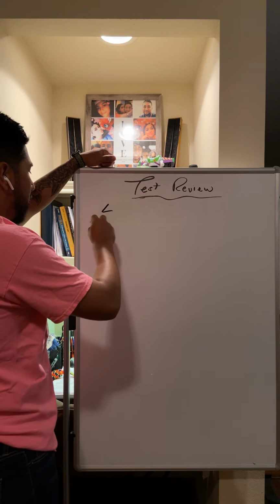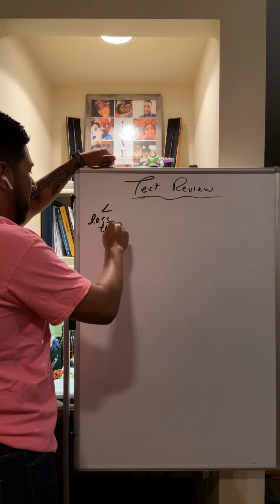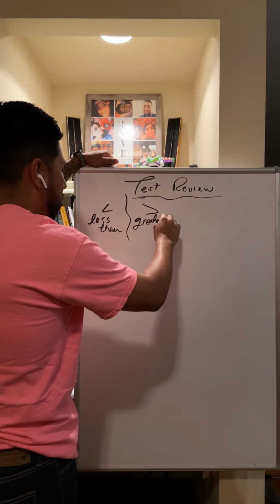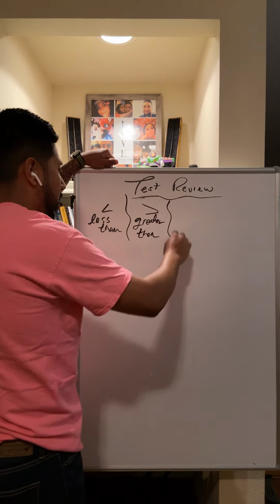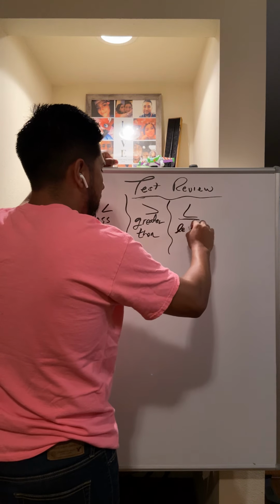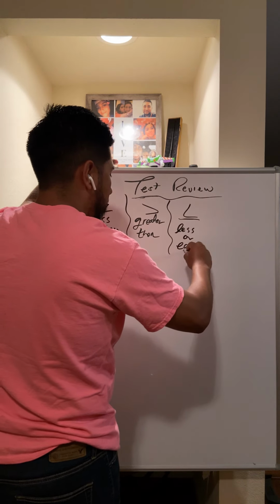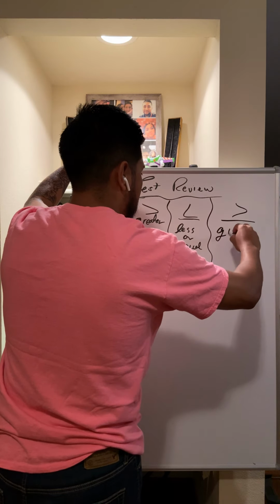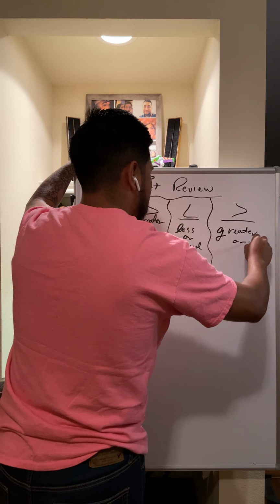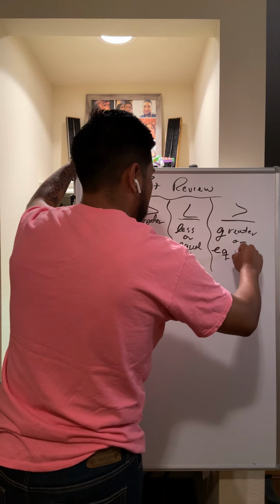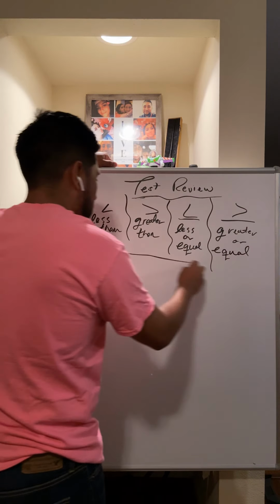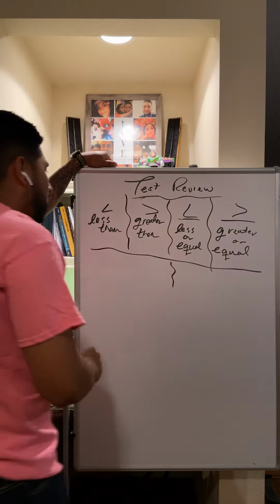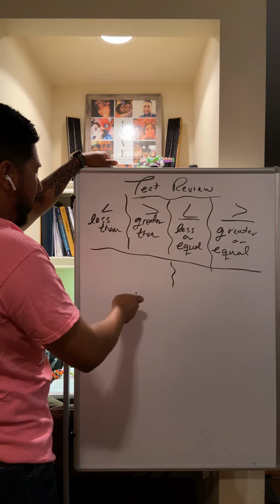Okay, this is less than, write it out: less than, greater than, less or equal, greater or equal. Okay, don't forget that these two, because they're less than or greater than, have an open circle.